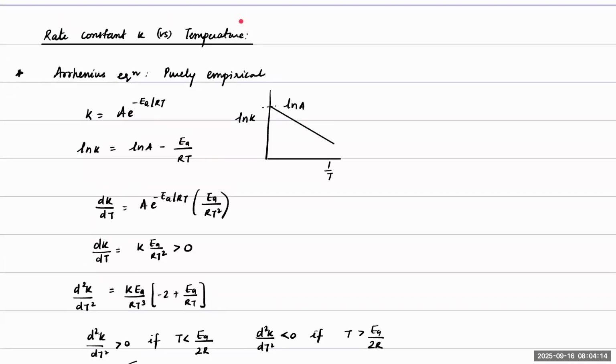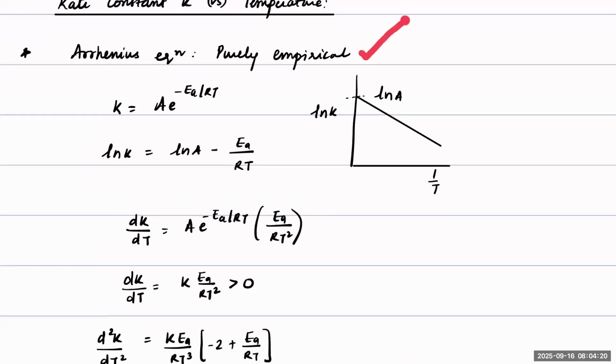See the dependency of rate constant with respect to temperature. It is given first by Arrhenius, which is purely empirical, given as rate constant is equal to A raised to the power of minus EA by RT.